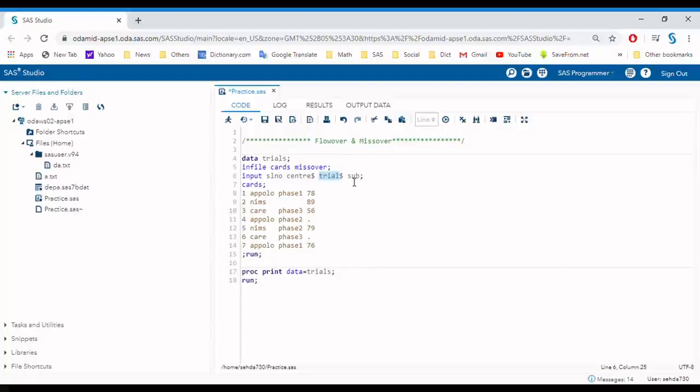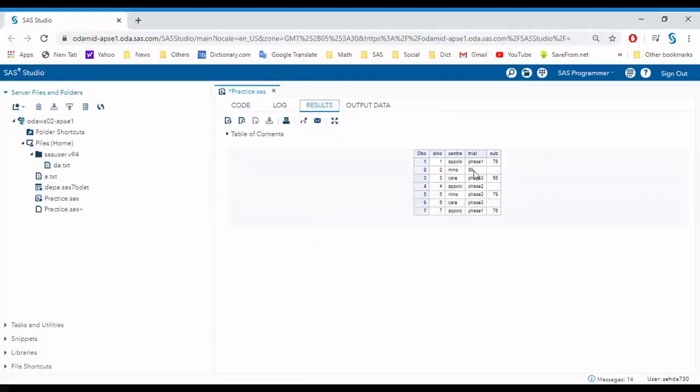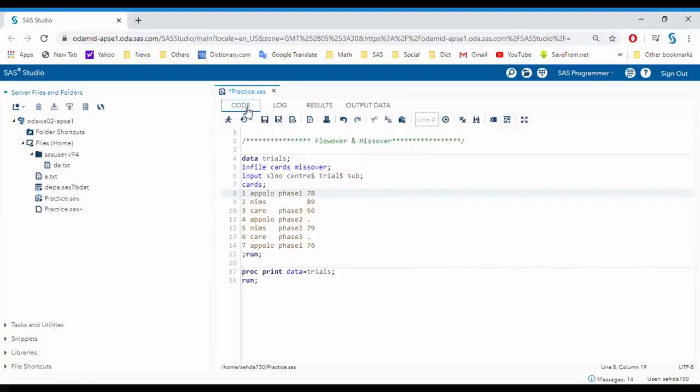And then for sub, nothing is there to read because 89 has already been read under trials. So what will it read under sub? Nothing, and that will be handled by Missover, considered as missing because nothing is there to read. So this is how it is working. See 89 and 4, and for sub nothing is there, and then the next line will be read as usual. All right, so that was about Missover.